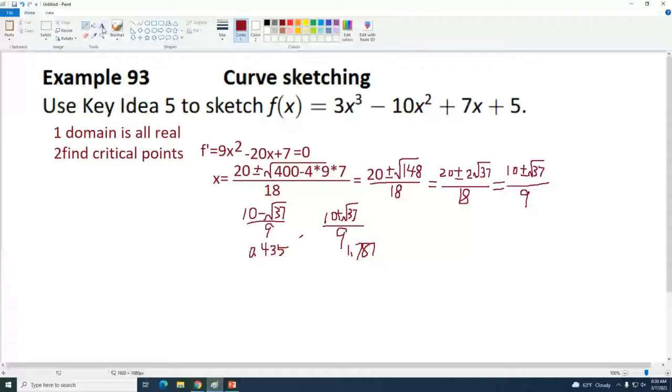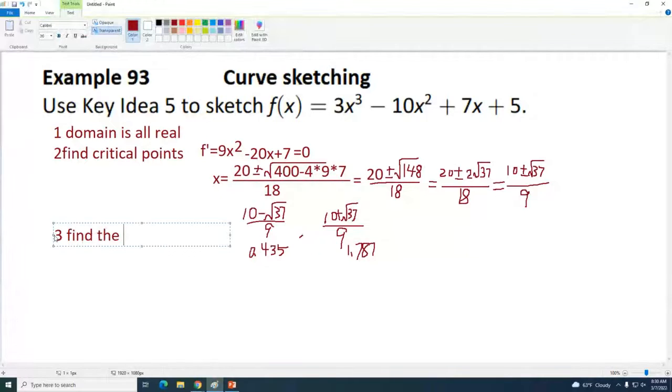Now we find the inflection point, or point of inflection. To do that, we need the second derivative. The second derivative is 18x minus 20.